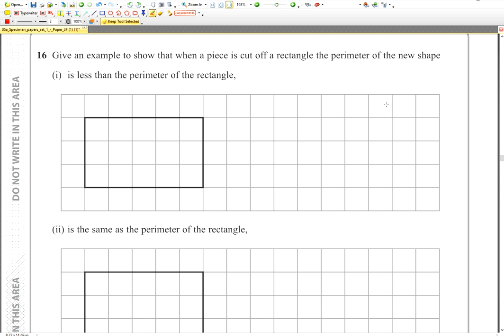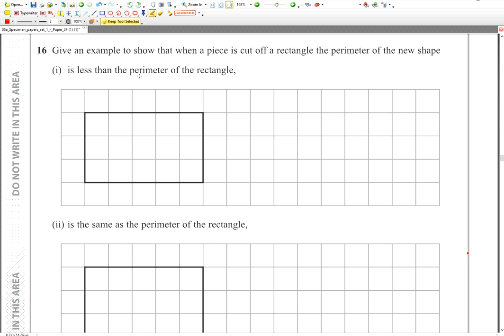Okay, question number 16. Let's make sure that we don't make a mess of it. Question number 16a.